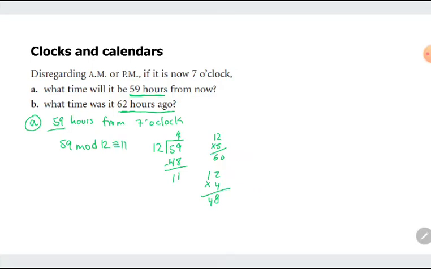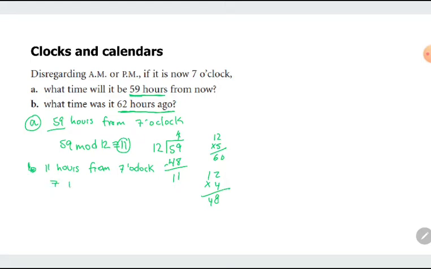So in this case, this is not the final answer yet. Your answer is not 11 o'clock, but 11 hours from 7 o'clock. Okay, 11 hours from 7 o'clock.